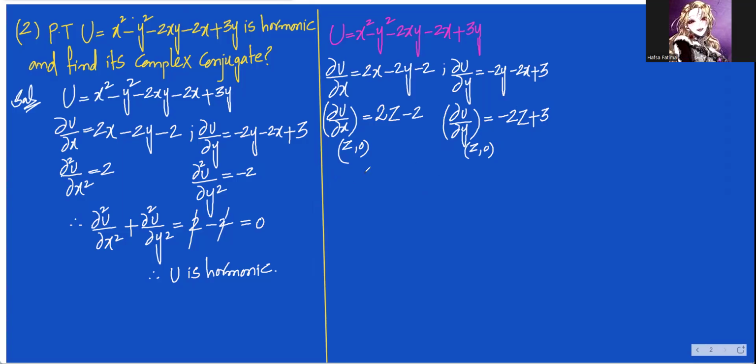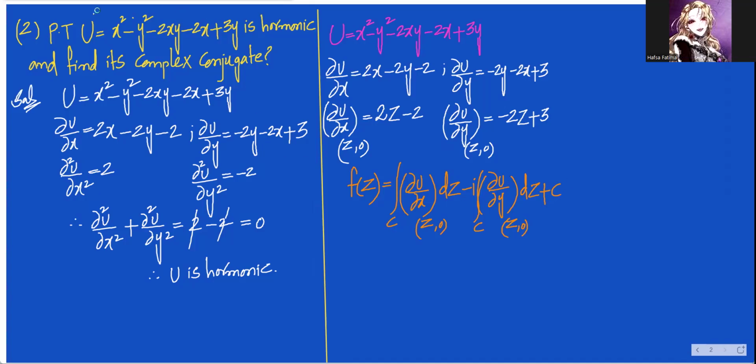Construction part: f of z is equal to integral over c of dou u by dou x at z comma 0 dz, plus minus i integral over c of dou u by dou y at z comma 0 dz, plus c.